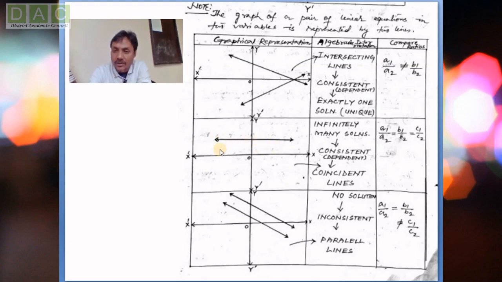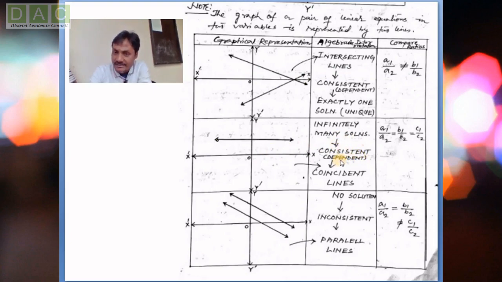That means all the points coincide. So for the algebraic interpretation, we can say infinitely many solutions. This linear equation will have infinitely many solutions, and it is consistent or dependent.